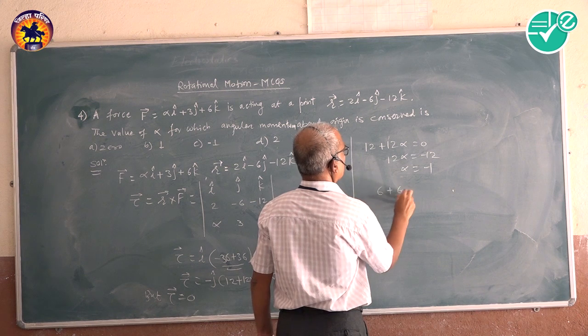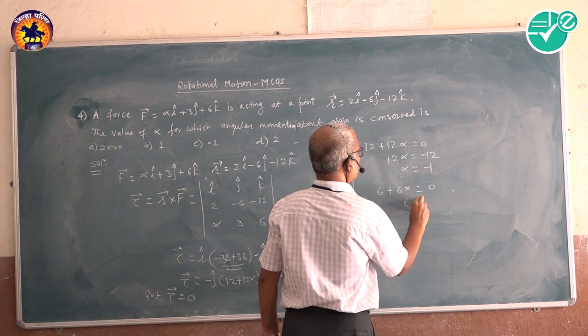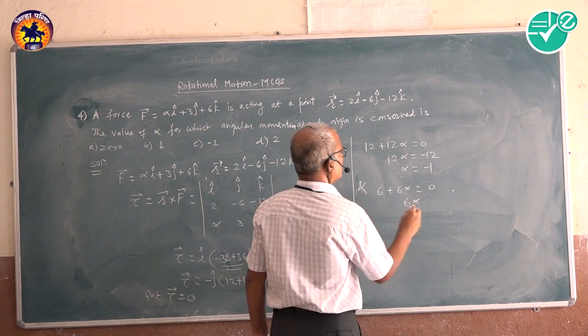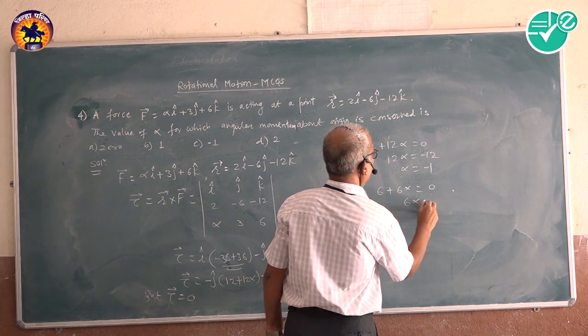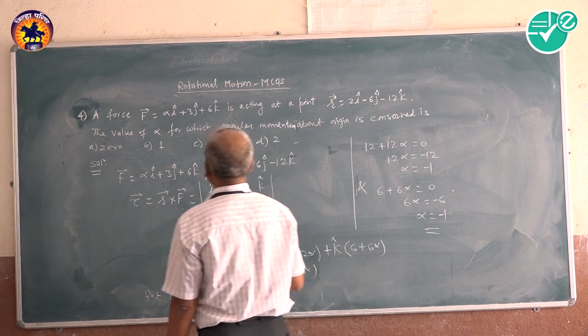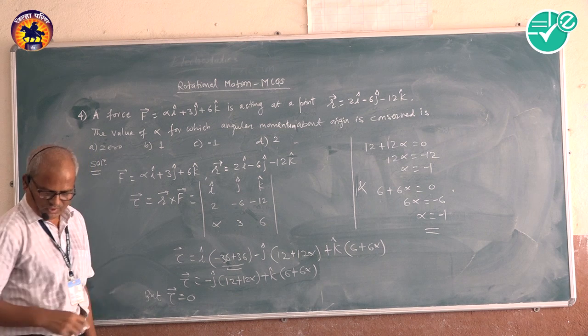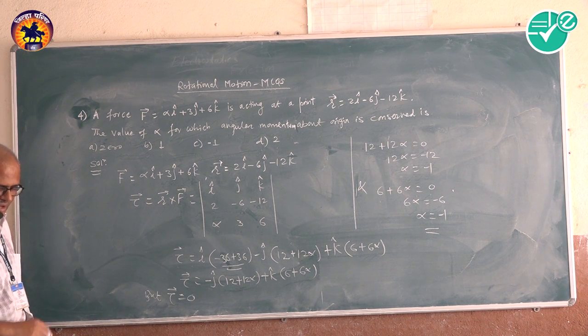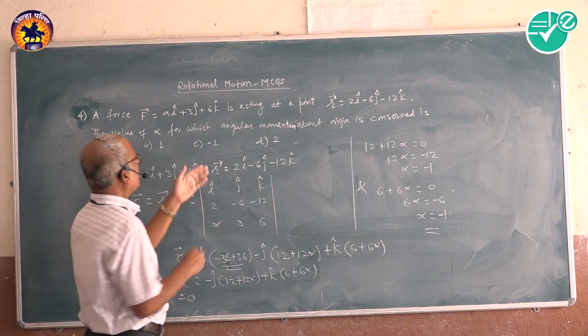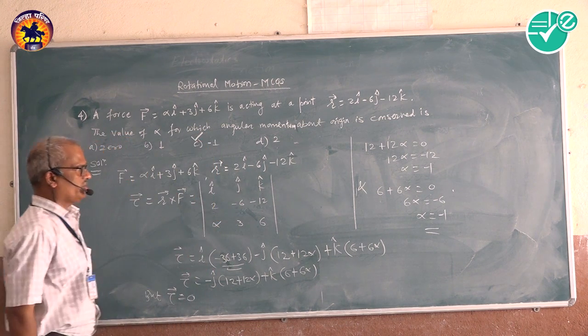Similarly, 6 plus 6 alpha is equal to 0, 6 alpha is equal to minus 6, so alpha is equal to minus 1. So the correct answer is alpha equal to minus 1. See the options 0, 1, minus 1. So this is the correct option.